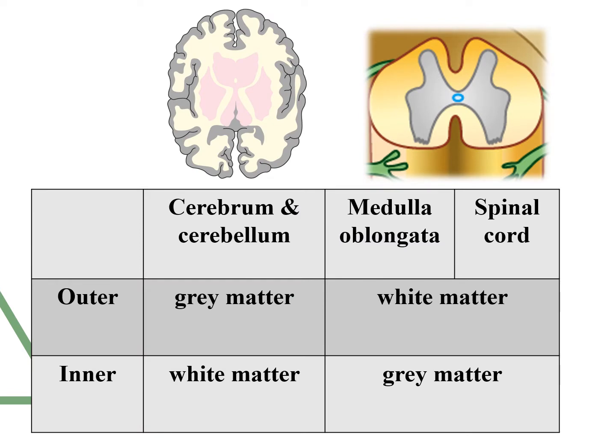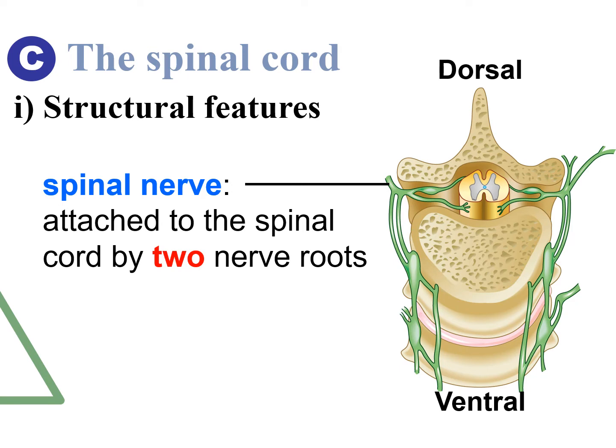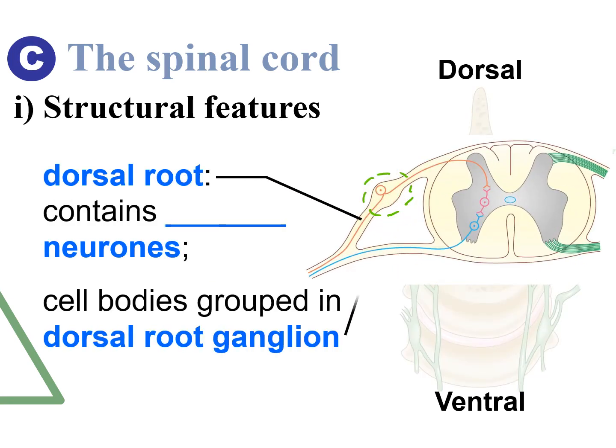The table below shows you the distribution of gray matter and white matter in the different parts of the CNS. Please take a look at it on your own. In the spinal cord, you can see the spinal nerves connected to the spinal cord by two nerve roots. The root showing now is called the dorsal root.